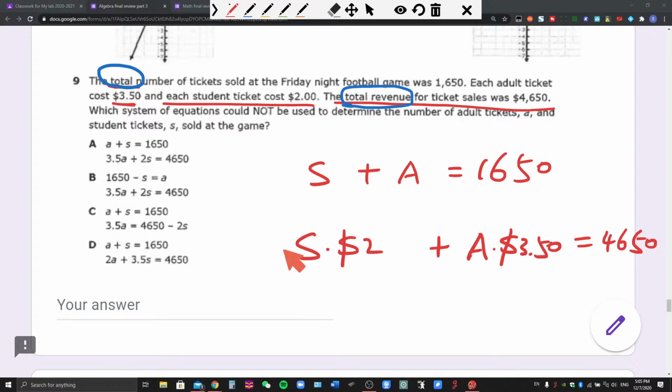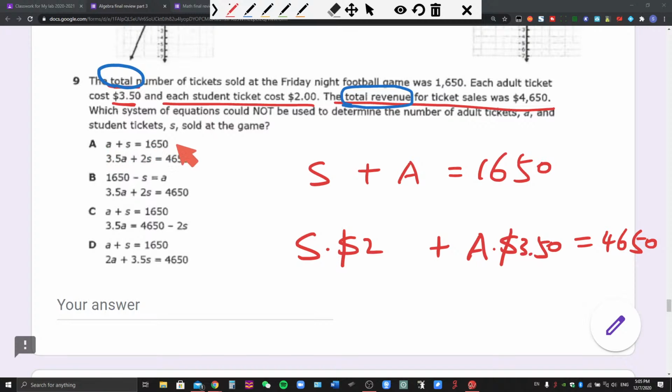So the answer will be, A is wrong. Let's see. Hold on. Oh, they're asking for equations that are not right. So that means out of the four options, 3 are correct and 1 is wrong. Okay, let's check.